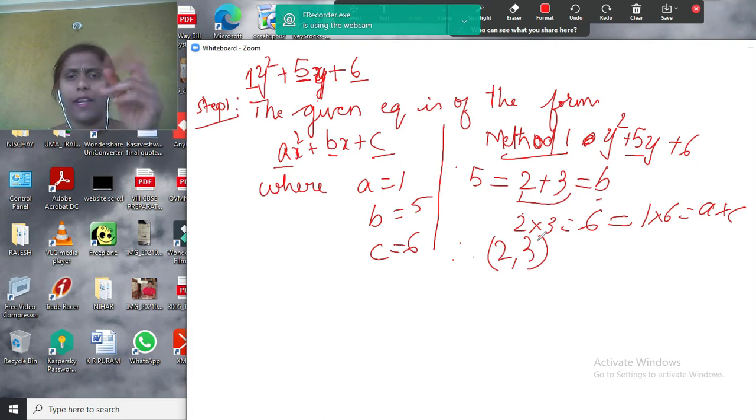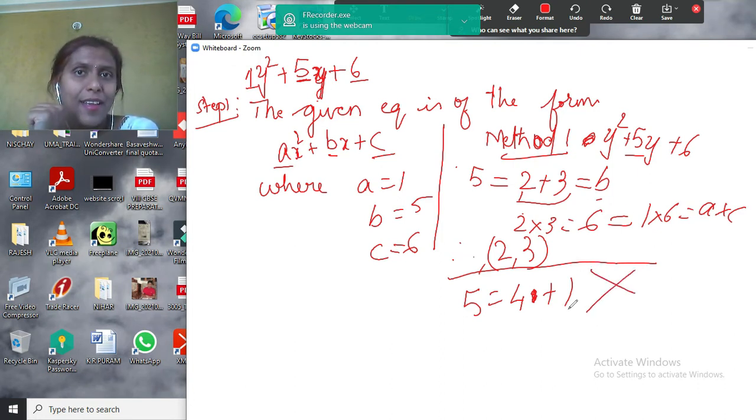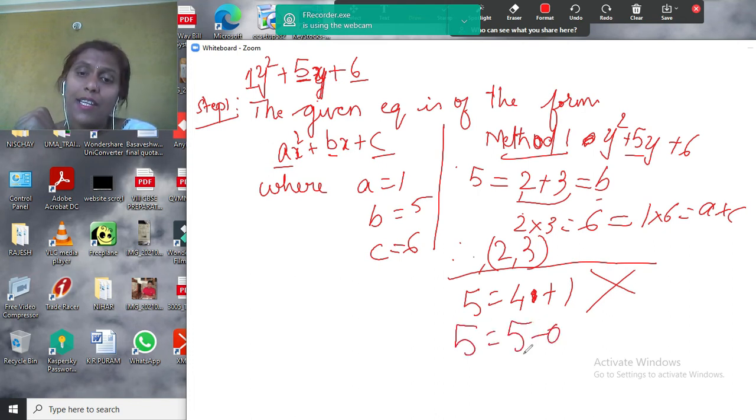Okay, fine. If that's the case, you may wonder what happened to 5 as 4 plus 1? You are right, 5 is 4 plus 1. But 4 into 1 is not A into C. So we can't take this pair. Now you may wonder, 5 is also equal to 5 minus 0. You are right.